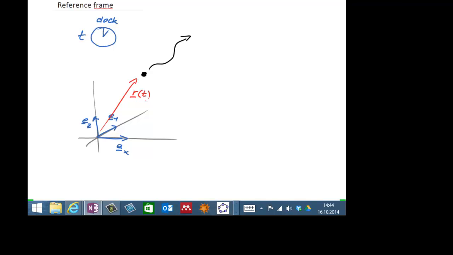In this reference frame I have components, so I can write this vector here in components, and the way I do that is I say I have coordinates x, y of t, e, i. Maybe I should have written, sorry, I just realized that rather than x, y, z, I should better have used 1, 2, 3.